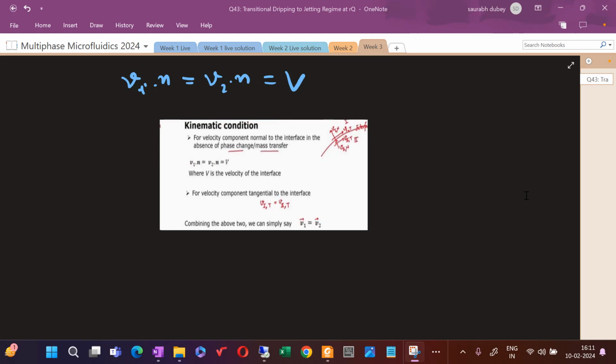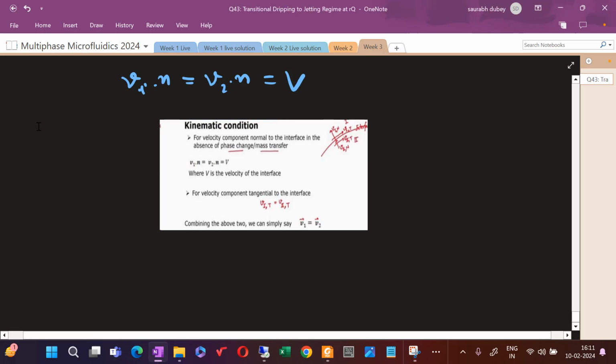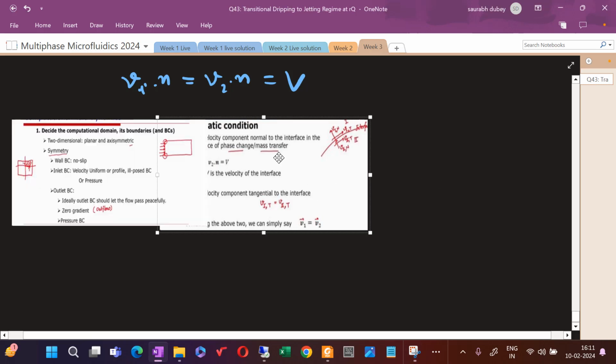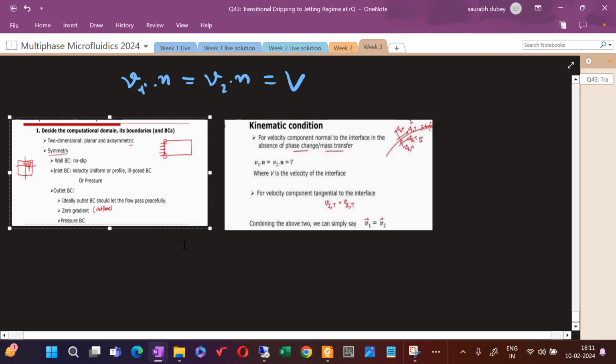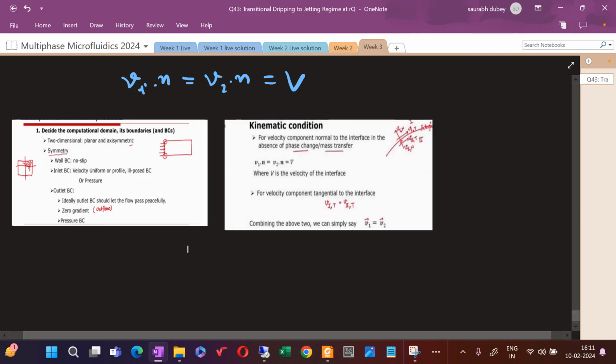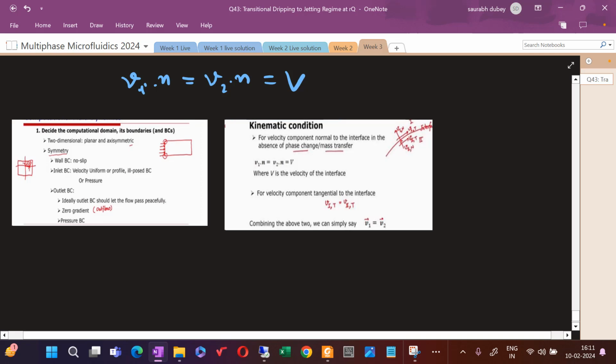Those are also things that have to be considered at the inlet and at the outlet. You need to consider different boundary conditions.